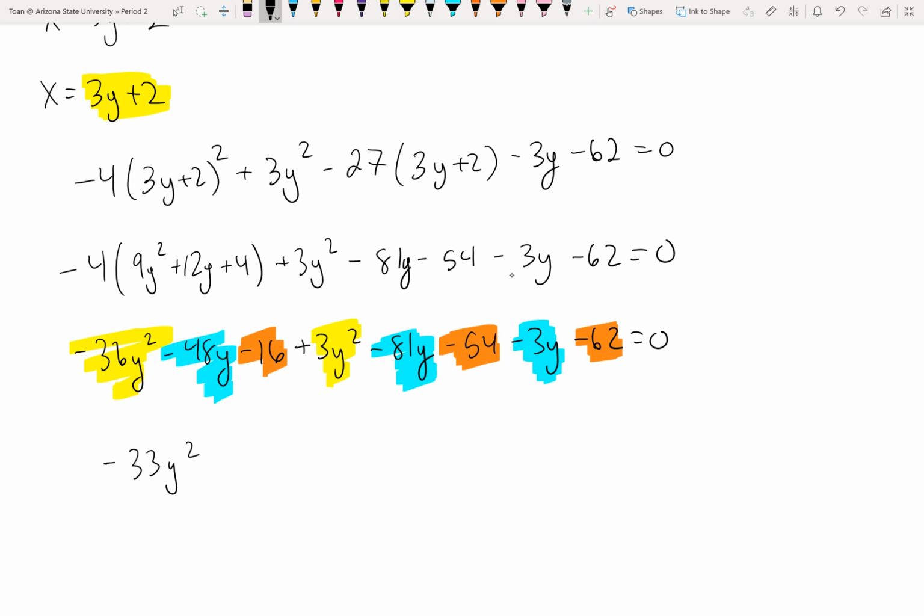Let's move on to the blues. -48 with a -81 with a -3, what's that? Negative 132? I hope someone's double checking my mental arithmetic. And let's do the constants, the orange numbers. What's that? Negative 60, 70, so negative 132? Okay.